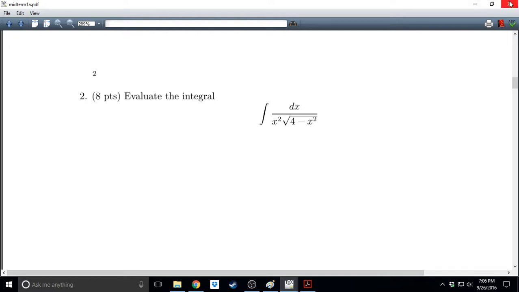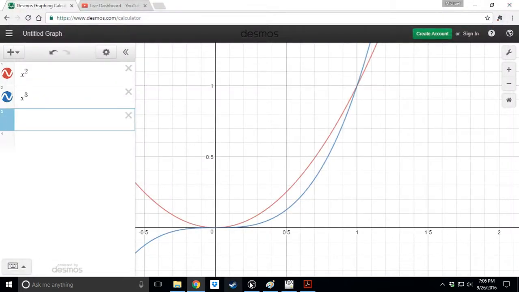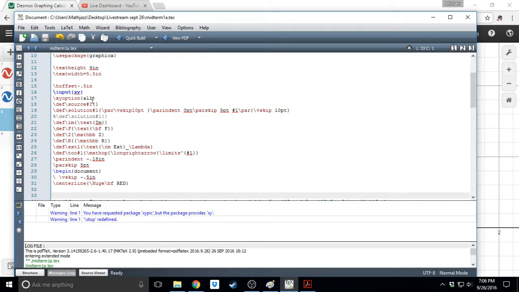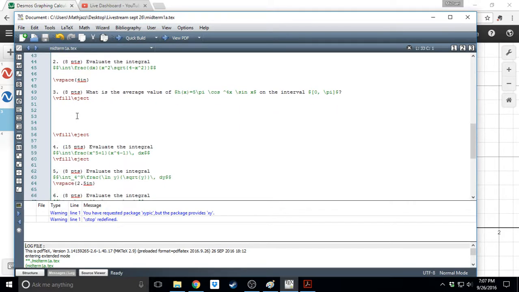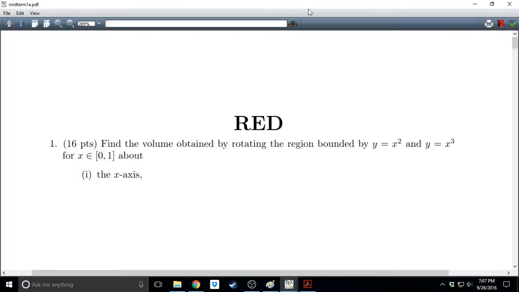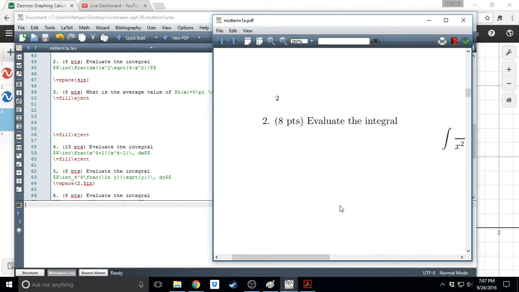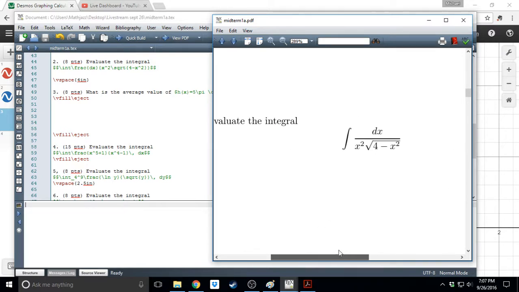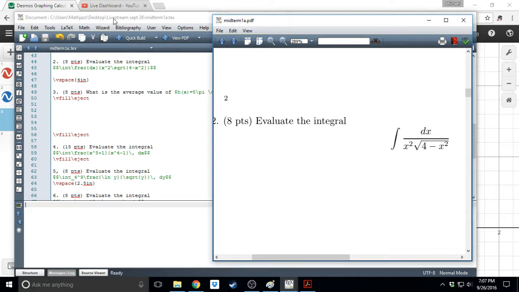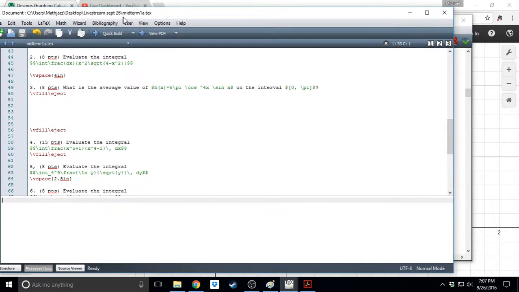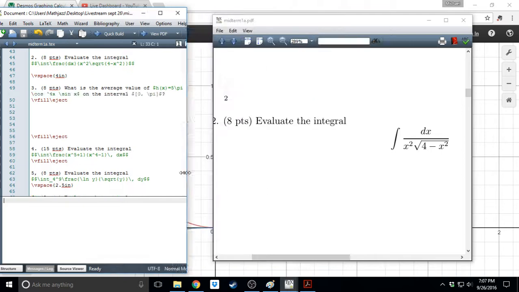I am going to go to tech. There we go. So let us find it. Here is our problem. There we go. I'll just pull this over here.